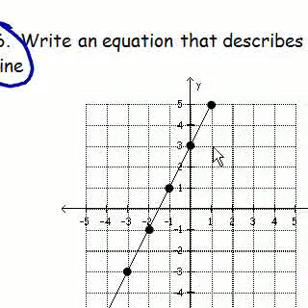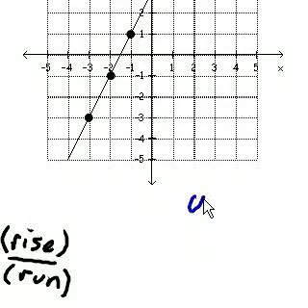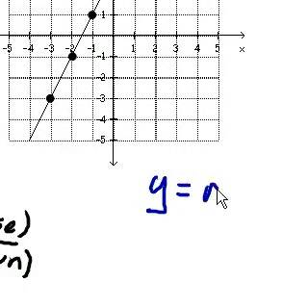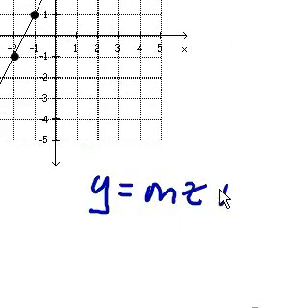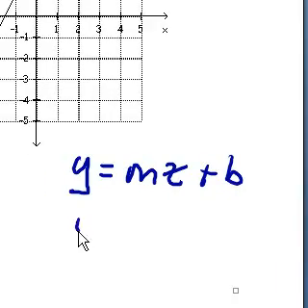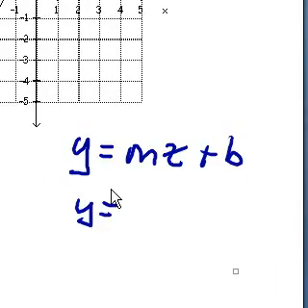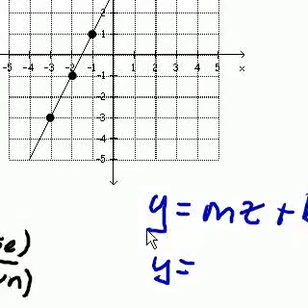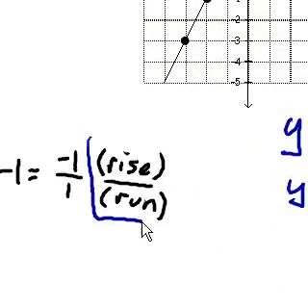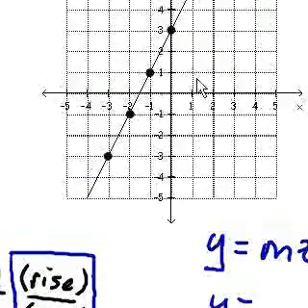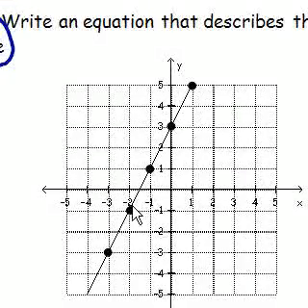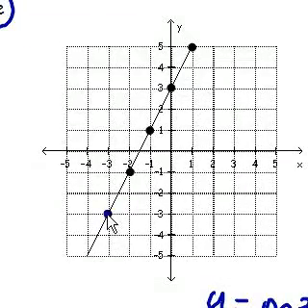So we know that our equation will take the form y equals mx plus b. So y equals, let's first measure our slope. And remember that our slope is rise over run. So we can pick any point on this linear function. I'll choose right here. And let's measure our rise. 1, 2.